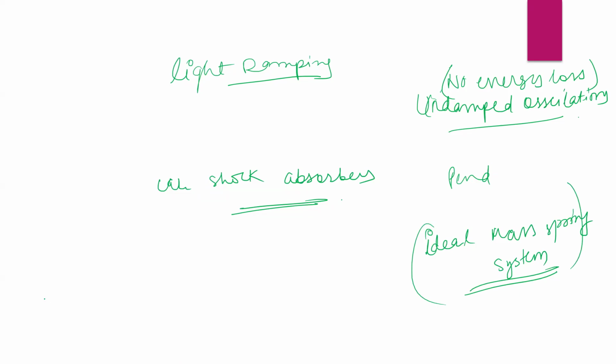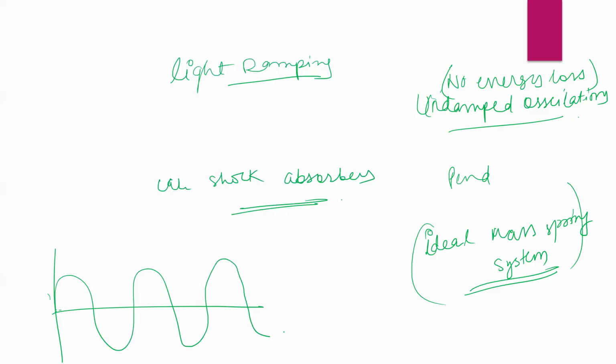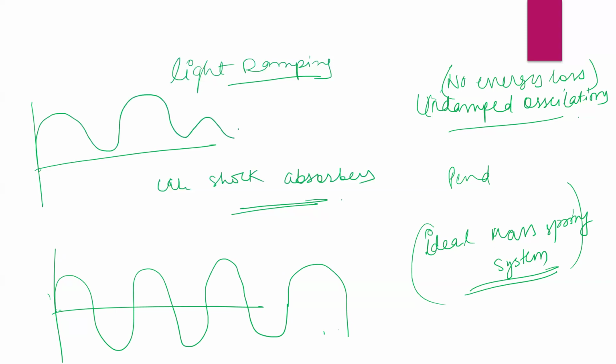If we have a graph like this, it will be like this for the undamped oscillation. On the other hand, in the graph of the damped oscillation, the amplitude will decrease over time. So now we have understood the undamped oscillations.